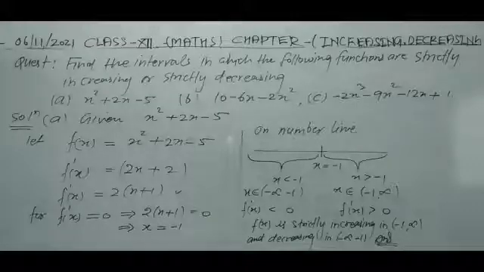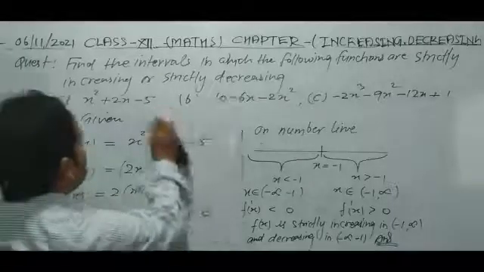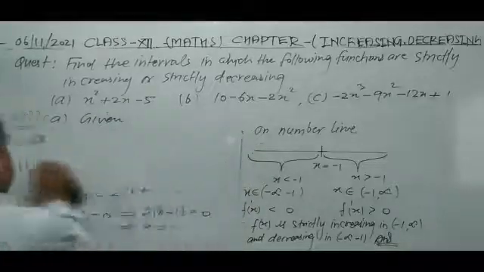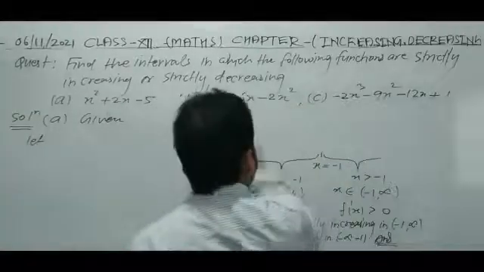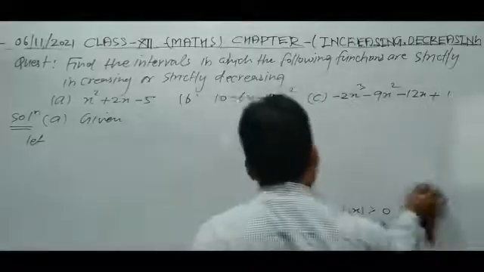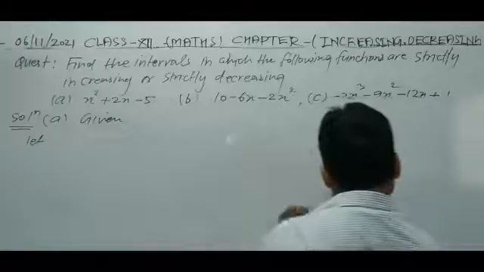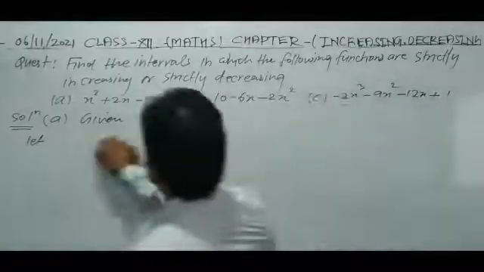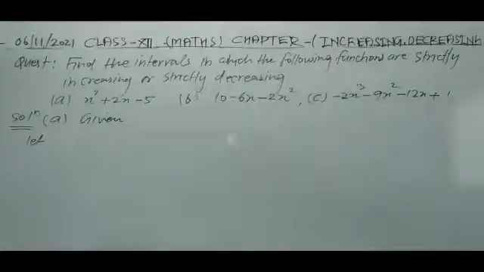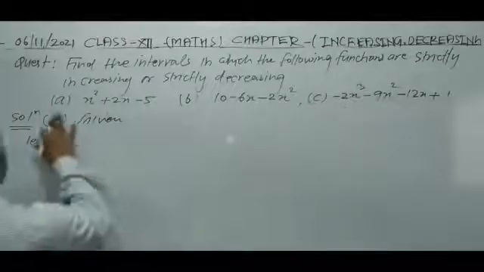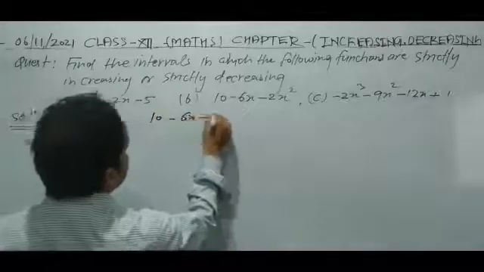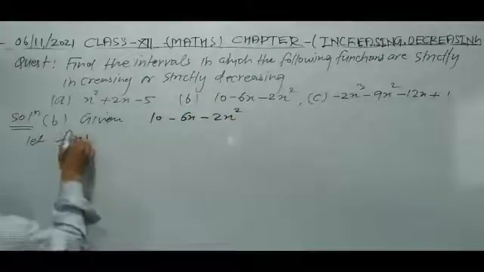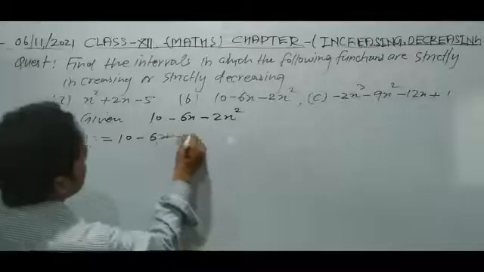Now I will come to the next question. Second part is B, part B. So given 10 minus 6x minus 2x square, let f(x) is equal to 10 minus 6x minus 2x square.